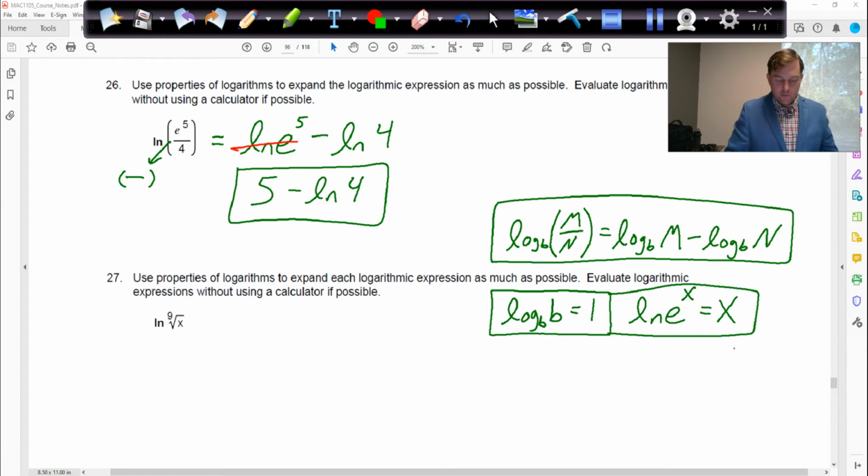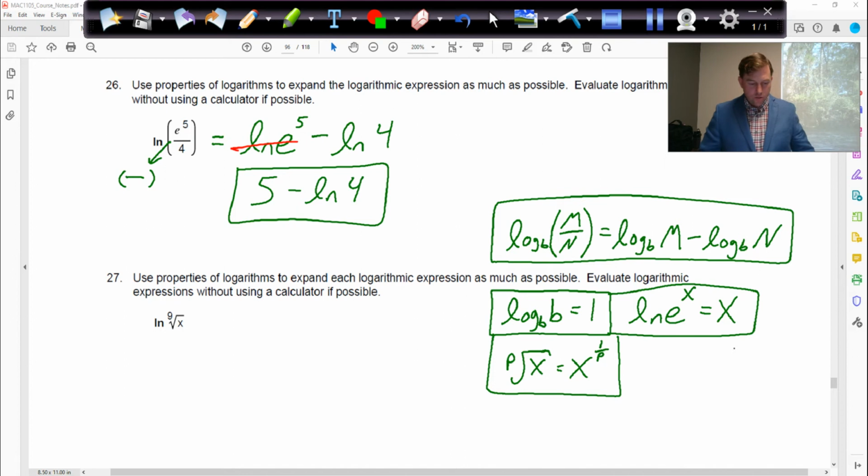And that's the answer there. Okay, for 27, we have to recall a power rule. If I have the pth root of x, that's really equal to x raised to the 1 over p.